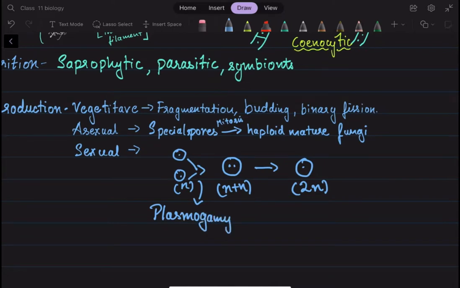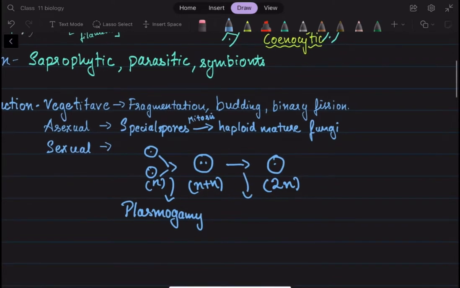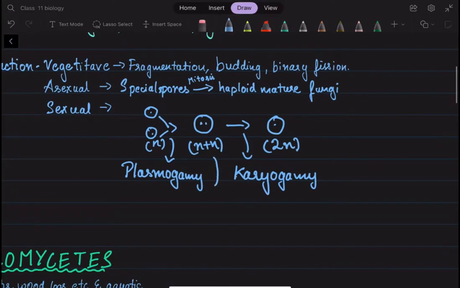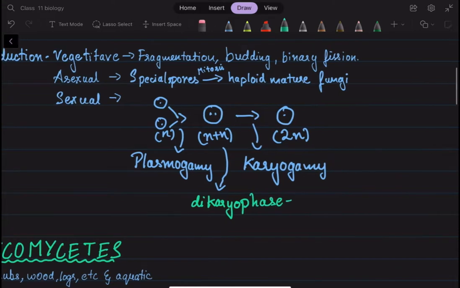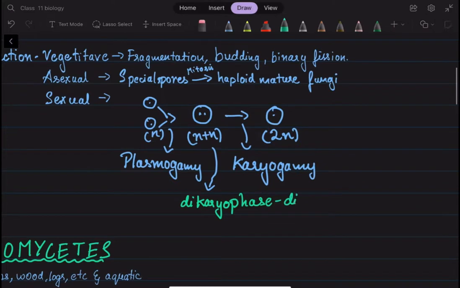Whereas the fusion of the nuclei of the gametes is called karyogamy. And there is an intermediate stage over here, very important to know, that is the dikaryophase, and this structure is called a dikaryon.